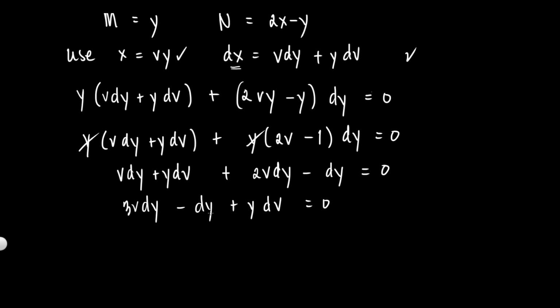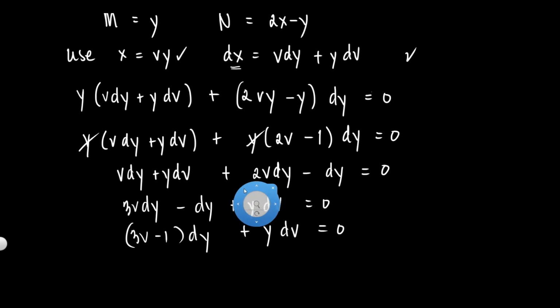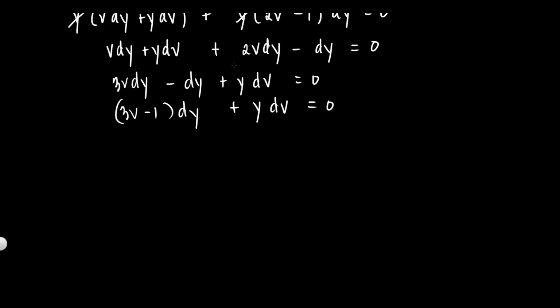Factoring out the dy, we have 3v minus 1 times dy plus y dv equals 0. Variable separable, pwede na natin i-group yung magkakagrupo, like y sa y and v sa v. Madali na to, marami tayong example nito sa variable separable. So, dy over y equals dv over 3v minus 1.